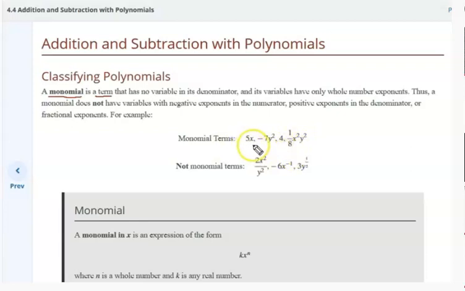There's 5x, that's a term. Negative 7y to the second, that's a term. Now there's one negative sign, but that's in the front. Oh, then we have a 4 all by itself, so I missed that. Then we have 1/8 x squared y squared. So there are 4 terms here, but separated by commas, they're considered monomials. Mono is the prefix for 1.